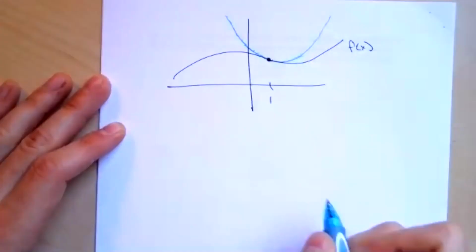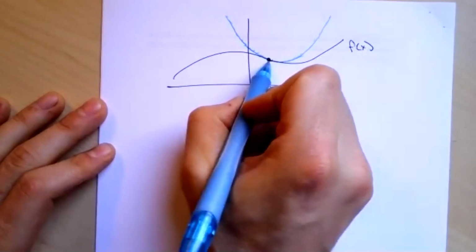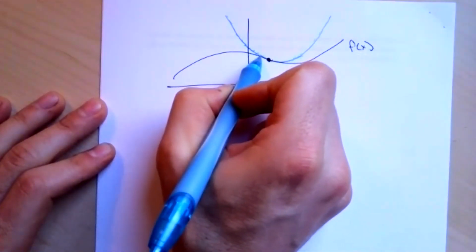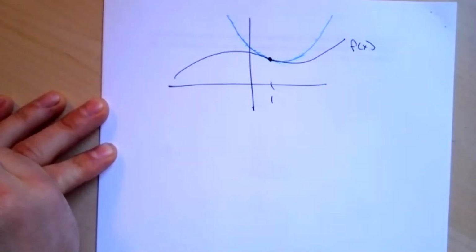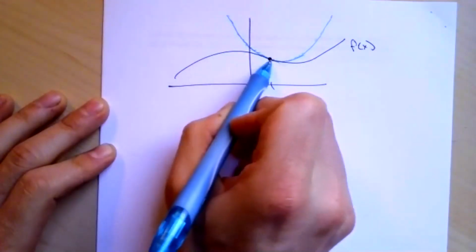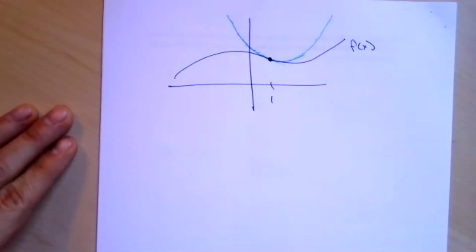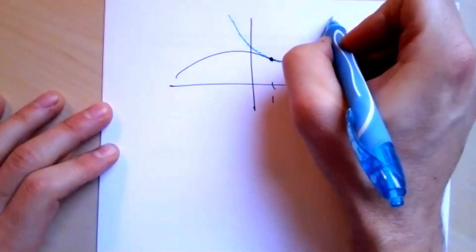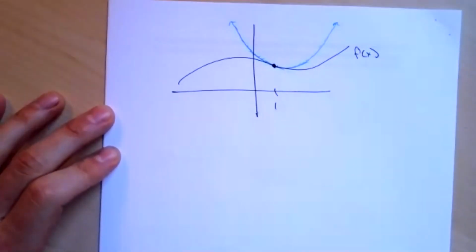So then we could match not only that point, it would have to match the slope at that point, but then the second derivative, the curvature that's defined at this point by the function, we would also be able to match with this parabola.